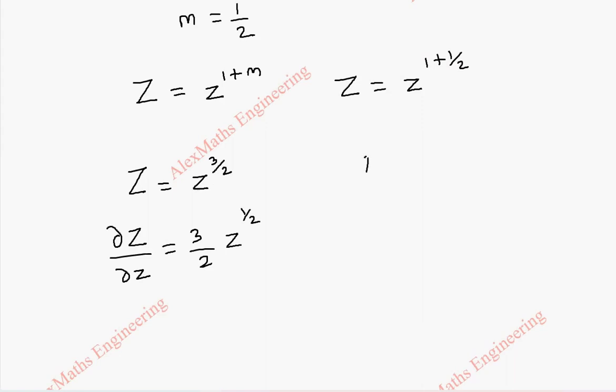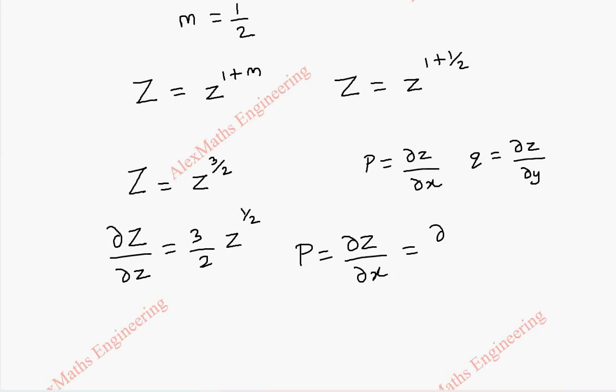We know small p is dou z by dou x, and small q is dou z by dou y. Now let's consider capital P, which is dou capital Z by dou x, when it is rewritten as dou capital Z by dou small z into dou small z by dou x.